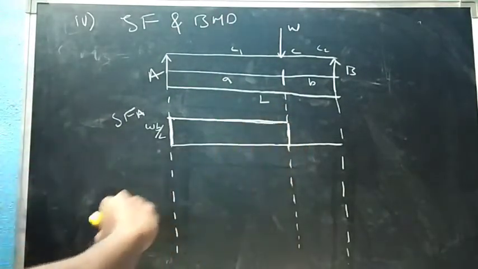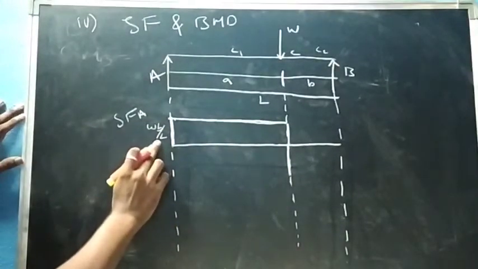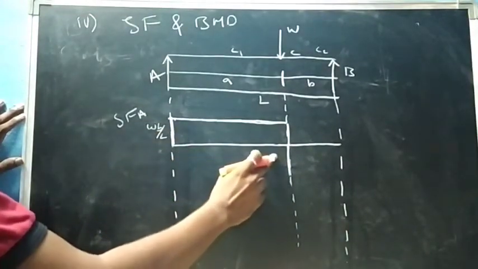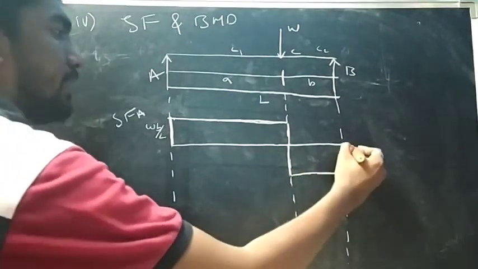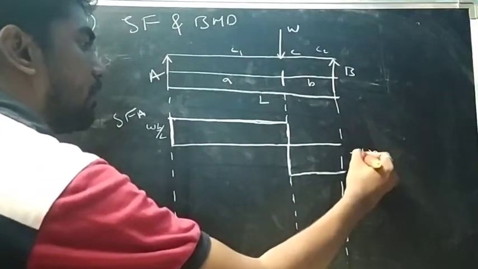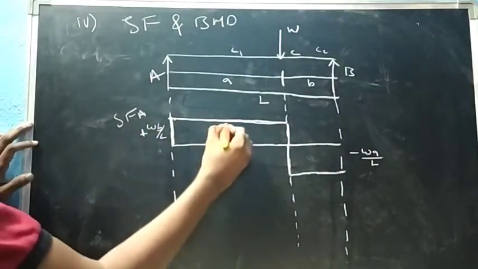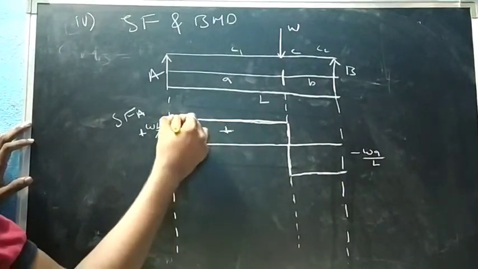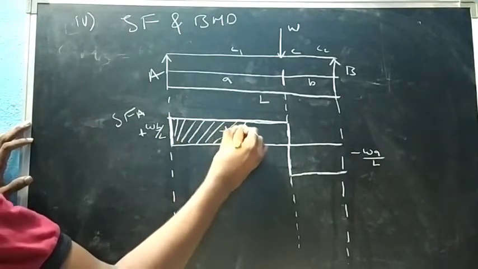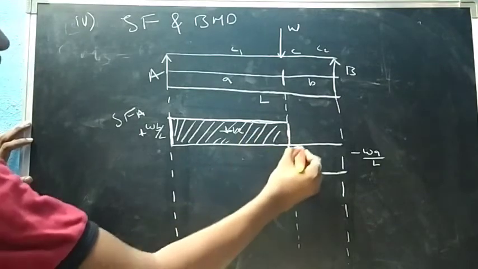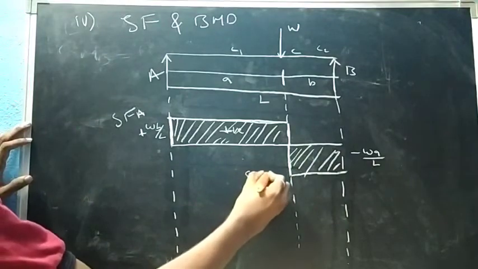So it will go in minus, same as WB upon L, that is minus WA upon L. So it will extend till here, that is minus WA upon L. Above the baseline it is positive, right? Shade this part positive. Below the baseline it is negative. Okay, done. We are done with shear force diagram.